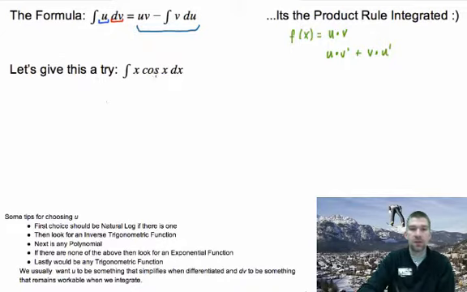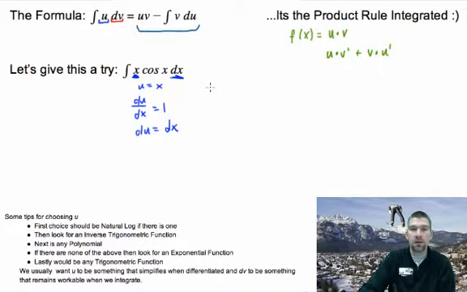All right, so let's give it a try. The integral of x cosine x dx. There's no way that I could set up a u substitution for this and get it to work. If I let u equal x, as we've learned about substitution, when I take that derivative, du dx is equal to 1, multiply both sides by dx, so du is equal to dx. I have dx, but I also have this spare x running around.